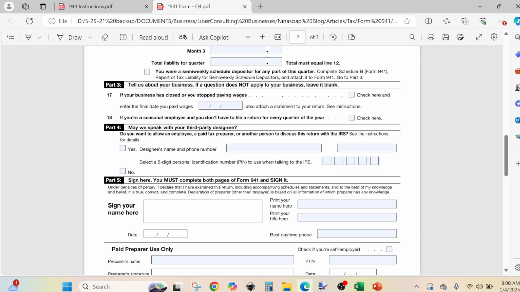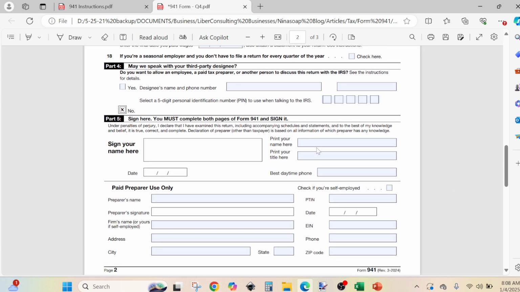Part 4, may we speak with a third party designee? I'm going to check no. Part 5, you will print your name, and in the title we are going to add the title and the phone number.